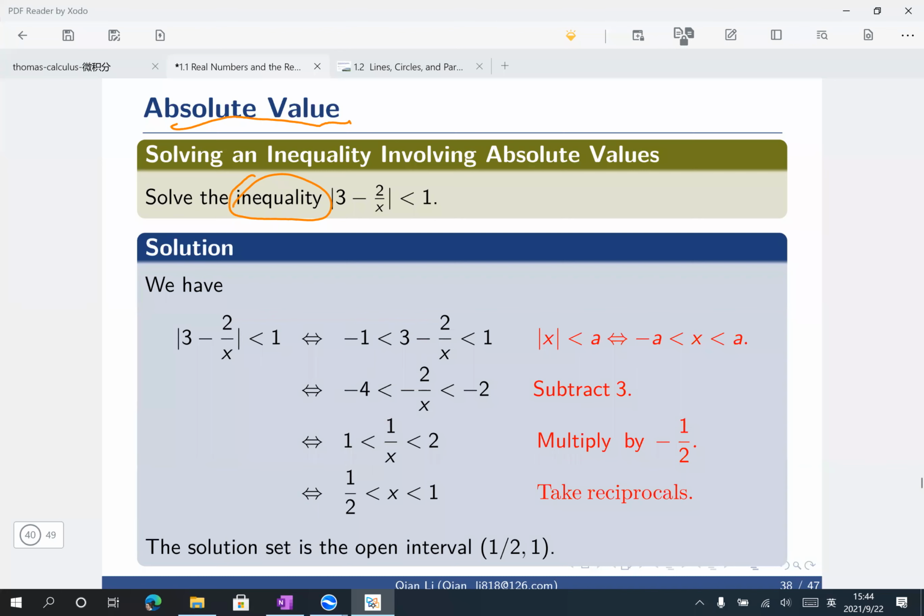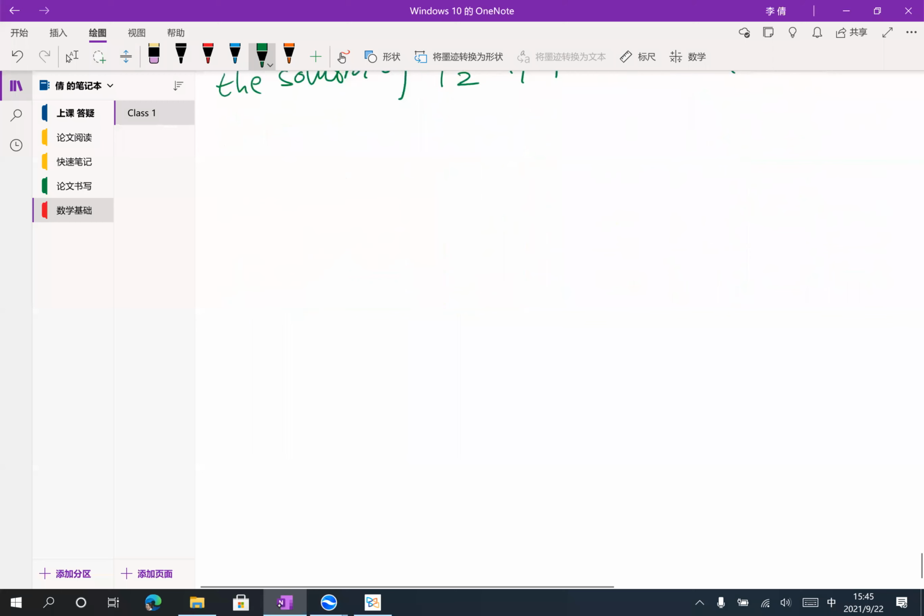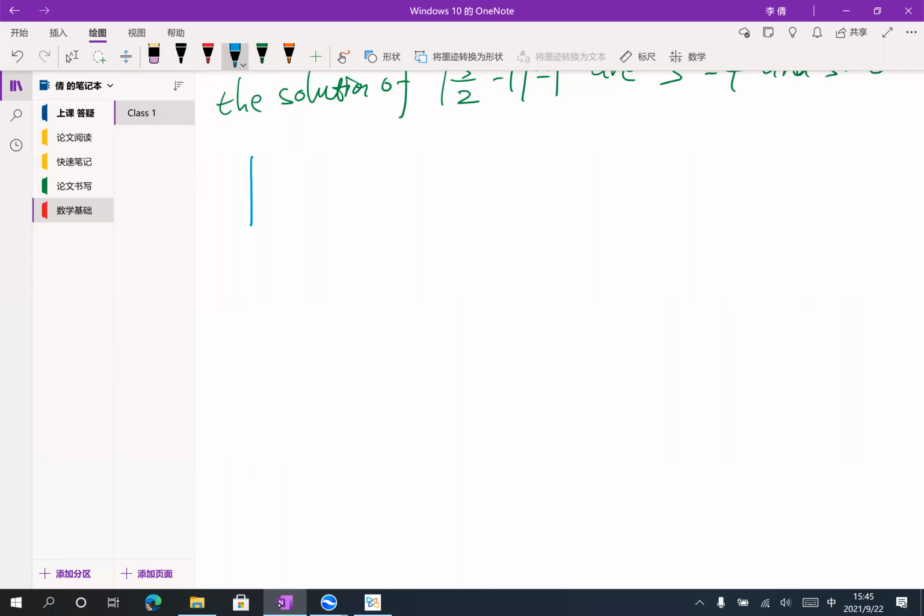Let's say this inequality is the absolute value of 3 minus 2 over x is smaller than 1. Okay, let's see this inequality.